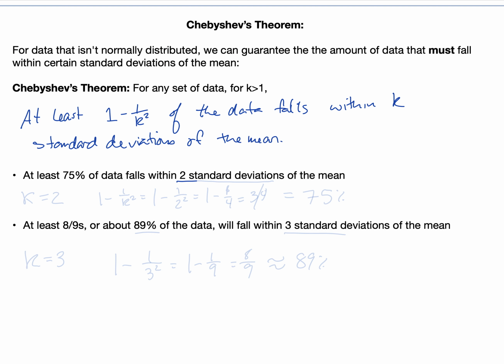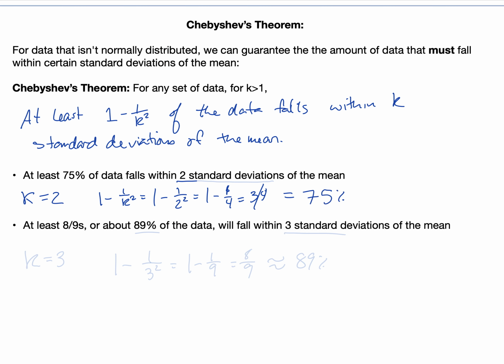So here, first of all, at least 75% of the data falls within 2 standard deviations of the mean. Using Chebyshev's theorem to figure that out, if we look at k equal to 2, then we have 1 minus 1 over k squared. That's 1 minus 1 over 2 squared, which is 1 minus 1/4, or 3/4. And we know that 3/4 is equal to 75%.